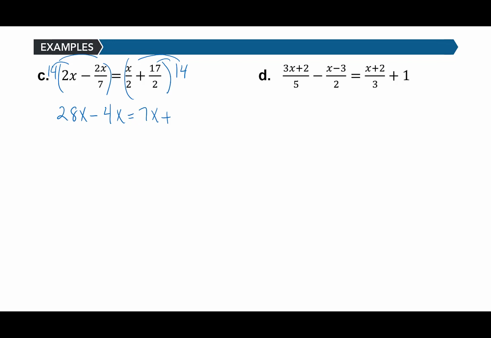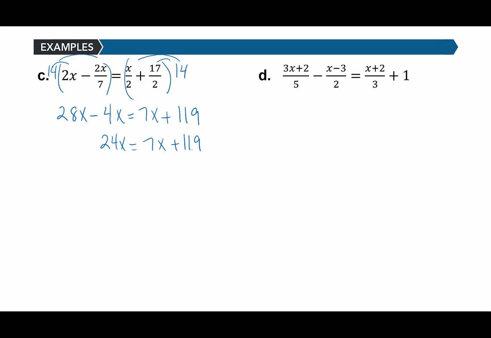17 divided by 2 times 14. 2 goes into 14 7 times. And 7 times 17 is 119. Combining like terms, on the left, 28x minus 4x is 24x equals 7x plus 119.